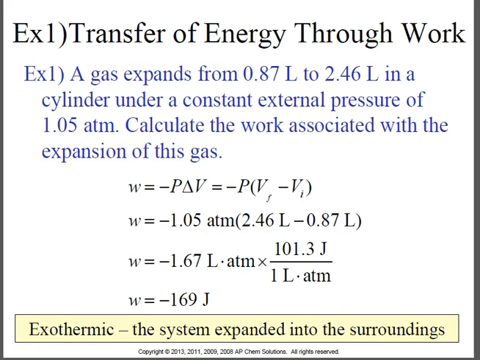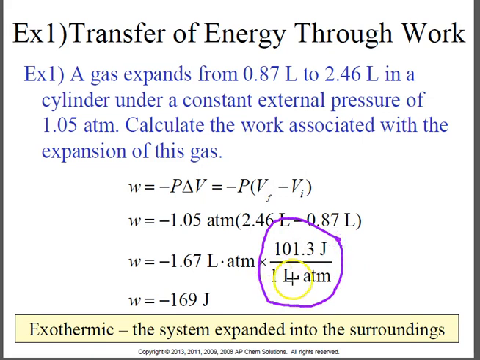Here they show the conversion between liter atmospheres and joules. This is not a conversion that you would be expected to memorize, but 1 liter atmosphere is equal to 101.3 joules.